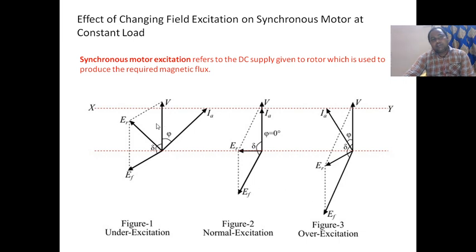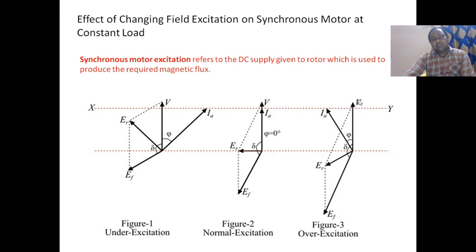Supply voltage V is taken as a reference. If IA rotates clockwise, that is a lagging power factor, which is under excitation. If V and IA are in phase, that is normal excitation, which is unity power factor.